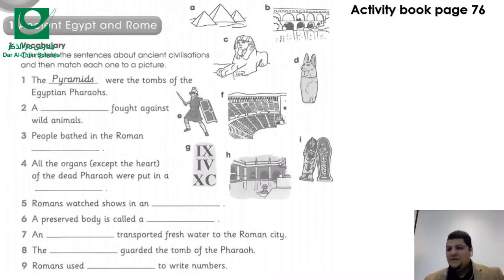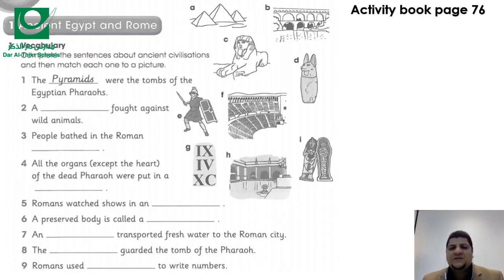Now, please open the other book, your activity book, page 76. Okay, exercise 1. All right, ancient Egypt and Rome. Here you are going to complete the sentences about the ancient civilizations and then match each one to a picture. For example, number 1 is done for you. You say the pyramids were the tombs of the Egyptian pharaohs.